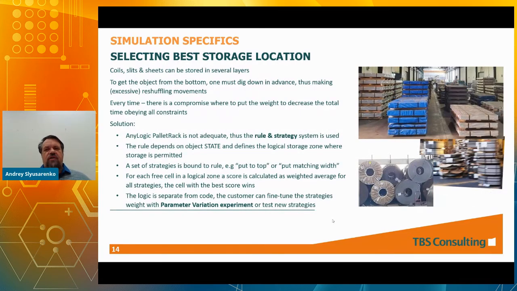The second one is an interesting task for optimization of the best location to store the incoming coil or just the finished goods, because the plant uses storage in several layers. And when you need to take something from the bottom layer, you need to make unnecessary reshuffling operations. The idea is to decrease the number of these reshuffling operations as much as possible. And to do this, we use the rule and strategy system.